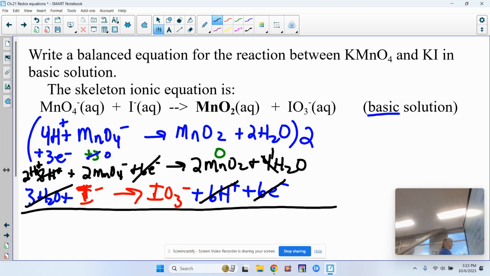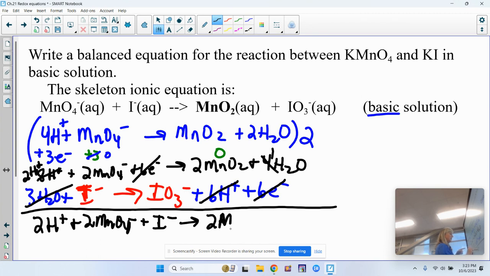Okay, so rewriting it, I'll have 2 H pluses plus 2 MnO4 minuses plus I minus is all that's left on the bottom one, goes to 2 MnO2 plus 1 H2O plus an IO3 minus.